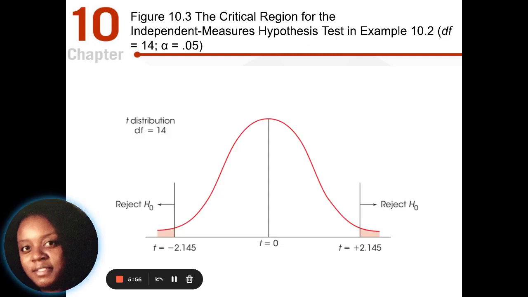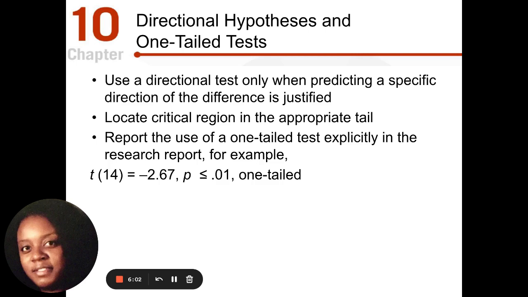Here's an example in figure 10.3 of the critical region that exists. You have directional hypotheses and one-tailed tests, and those directional tests are only used when predicting a specific direction of the difference, if it's being justified, when you can locate the critical region in the appropriate tail, and when you can report the use of a one-tailed test explicitly in the research report.